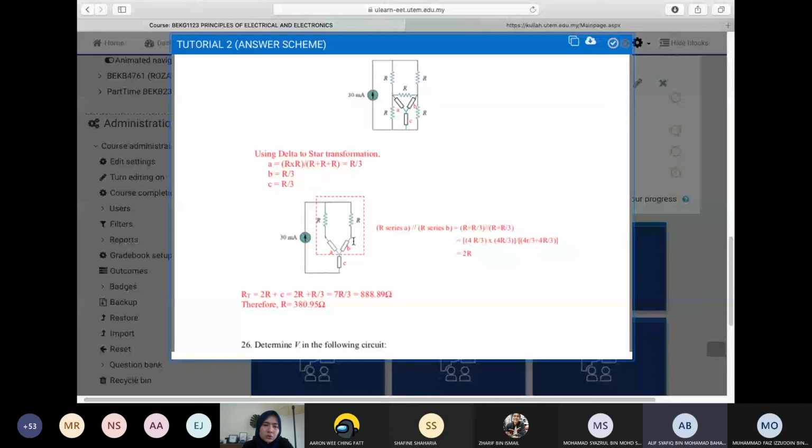So R total is 2R, because 2R now is in series with C. So lastly, you should get this R equivalent is 888.89, so you will get R equals 380.95.